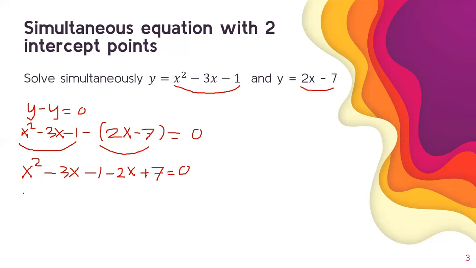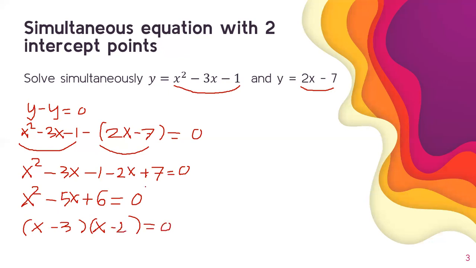And then x squared, negative 3x minus 2x equals negative 5x. Afterwards, negative 1 plus 7 equals plus 6, equals 0. And we could factorize this equation: it is going to be (x minus 3)(x minus 2) equals 0.